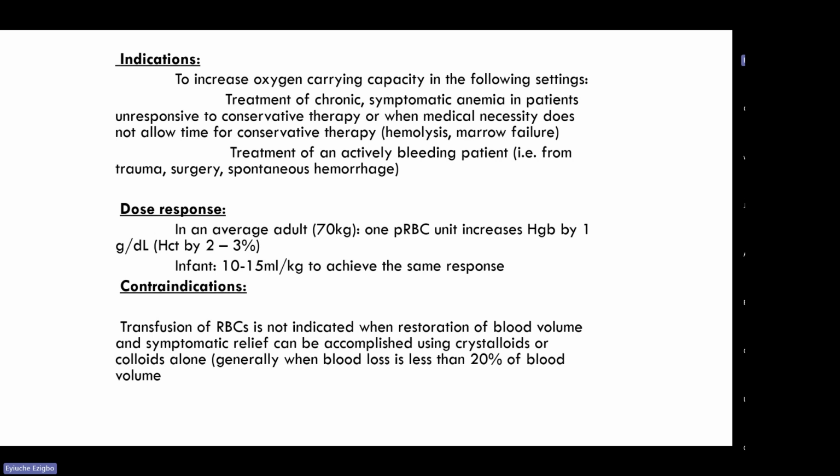But if there are alternatives, like colloids, hematinics, erythropoietin, iron and all that, and there is still time to do those, it's better you take that line. But if there is no time, it's a question of 50-50 chance. If you don't give blood, you have adverse events, so you can go ahead and give blood. But blood transfusion should not be the first line of thought to manage anemia.